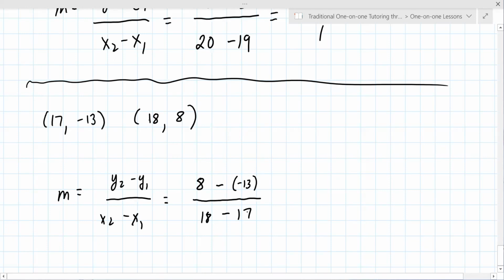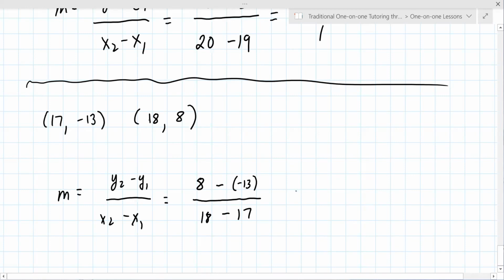Why do you want to put parentheses on -13? Just to make sure you recognize that you have to combine these negatives. You don't have to, but you have to make sure that these are combined correctly.